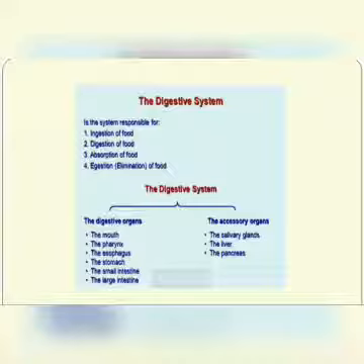One is the digestive organs, also known as the digestive tract or alimentary canal, and the second part is the accessory organs. Digestive organs are the mouth, esophagus, stomach, small intestine, large intestine, and then anus. And there are three accessory organs: salivary glands, liver, and pancreas.